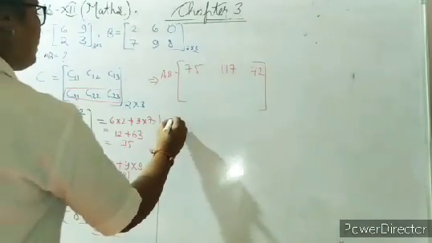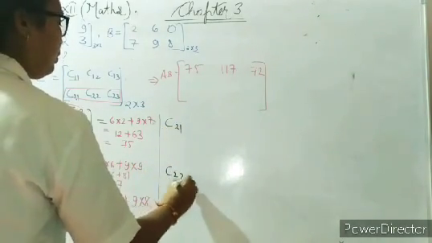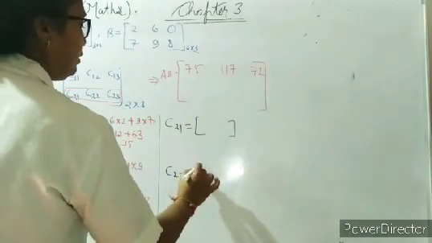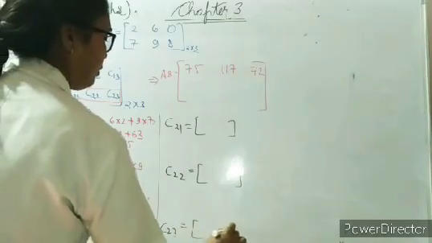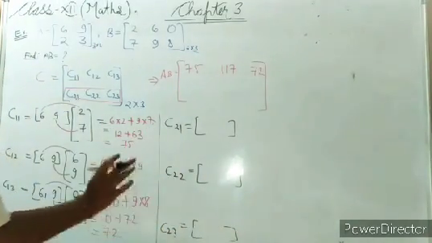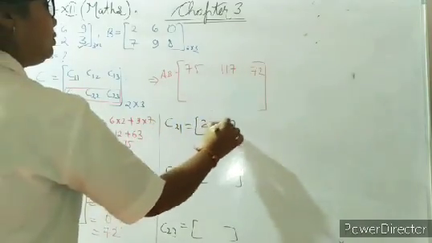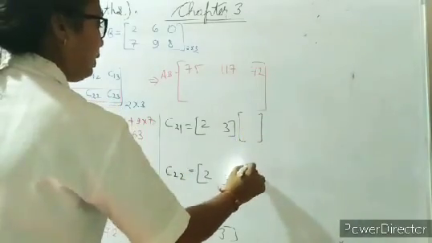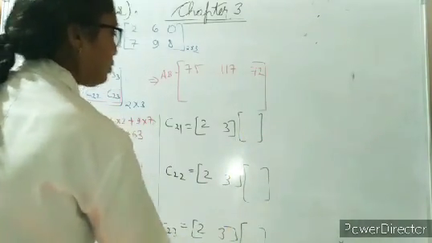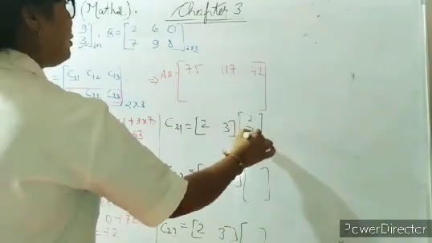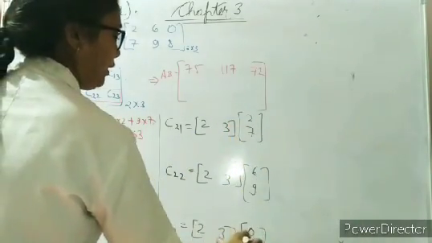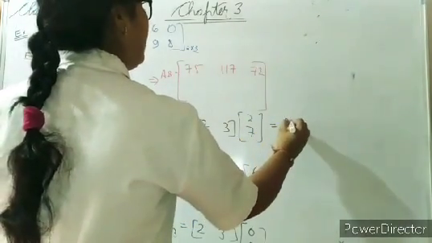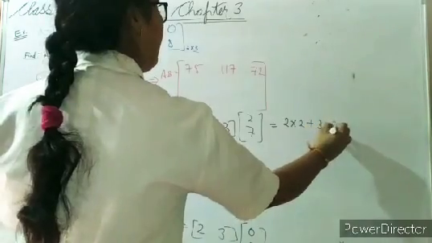You will get C21, C22, C23. It is very clear. See, 2, that means second row. So we will take 2, 3. Now it is our column. So you see first column, second, and third. Then you multiply simply. So you will get 2 multiply 2 plus 3 multiply 7.